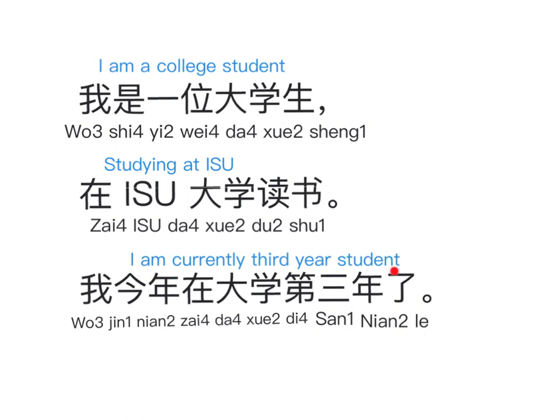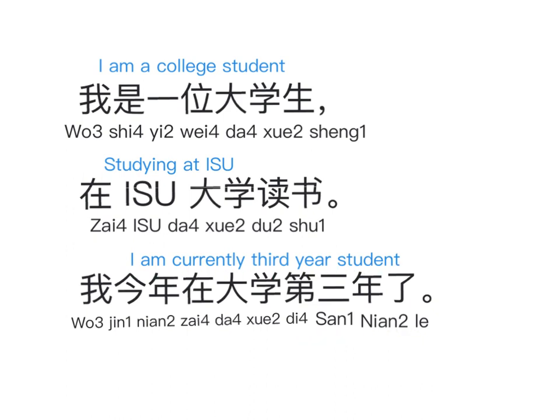I am currently third year student. 第三年 means third year. 今年 basically means this year, but you could also translate it as currently. So 我今年在大学第三年了. I am currently third year student.